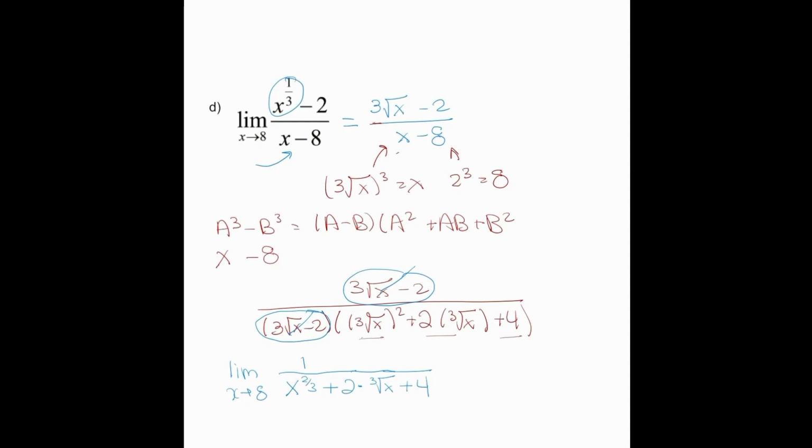Now we can go ahead and do our direct substitution of 8. So I have 1 over 8 raised to the power of 2/3 plus 2 times the cubed root of 8 plus 4. That equals 1 over 4 plus 4 plus 4, which gives me 1 over 12. So my limit as x approaches 8 for this function is going to be 1 over 12, or my y value is going to approach 1 over 12.